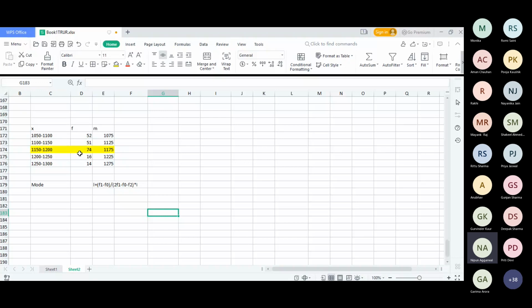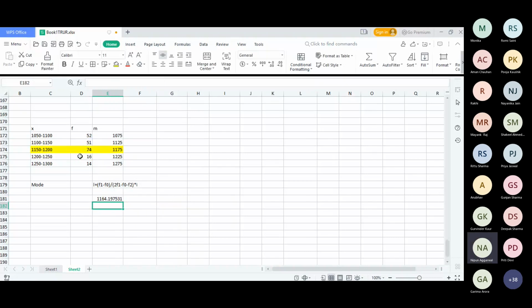So L here is the lower limit of this class, 1150, plus F1, the frequency of the same class, which is 74, minus F0, the above class, which is 51, divided by 2 into 74 minus 51 minus F2, the next class, which is 60, and multiplied by I, which is 50. So 1164.19 becomes the mode.